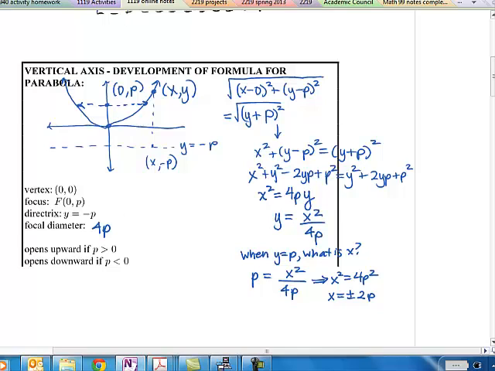If p is positive, the graph opens upward. If p is negative, then the graph opens downward. If p is negative, then your directrix actually is a positive y value, right? All right, so I want to put this over here, y equals x squared divided by 4p. That's our standard form.